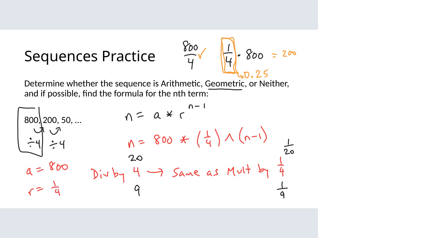And so if we wanted to plug in here, let me get rid of some of this stuff. If we wanted to plug in here and say, okay, well, I see your 1/4 there, but I don't know what to do with that. What if we wanted the, I don't know, 7th term?